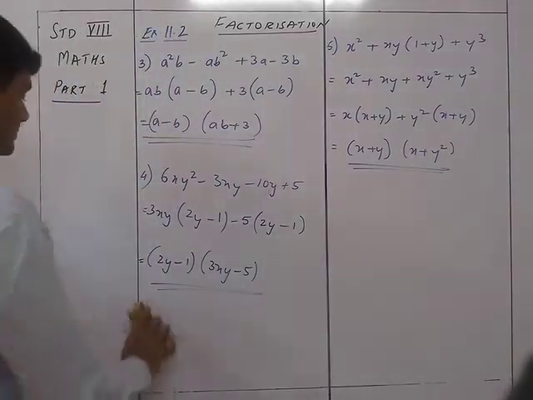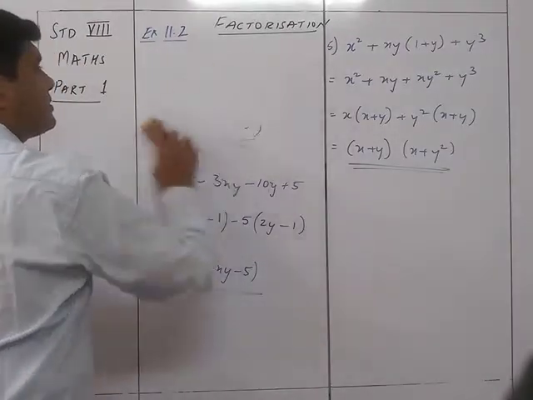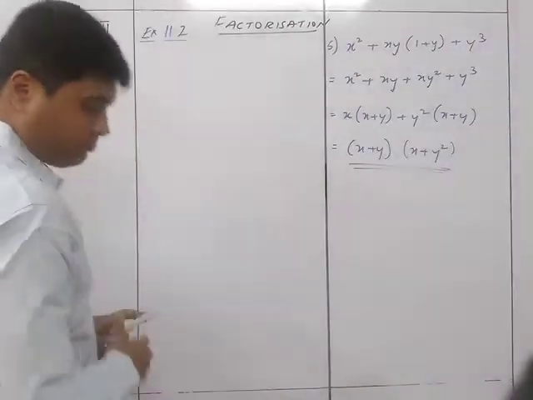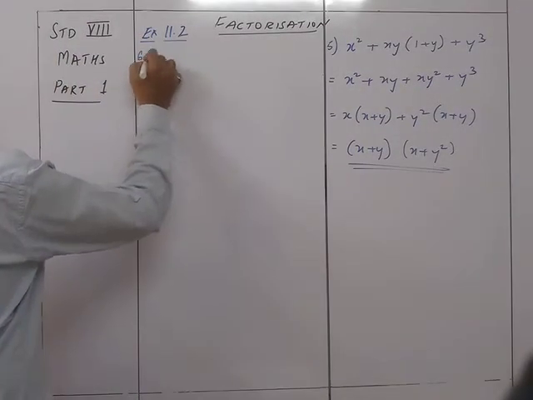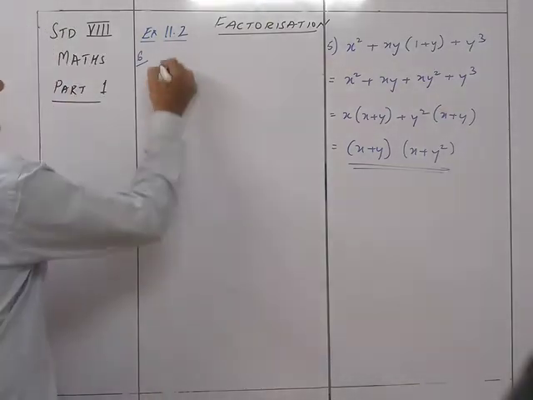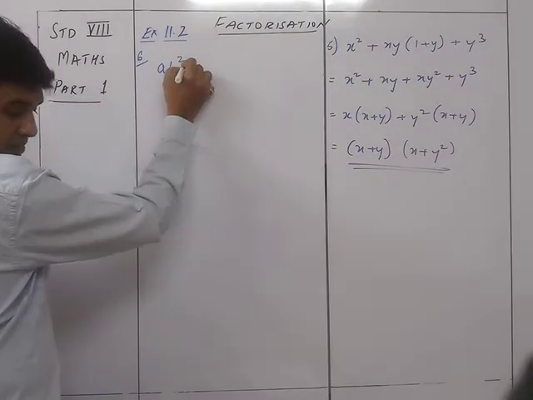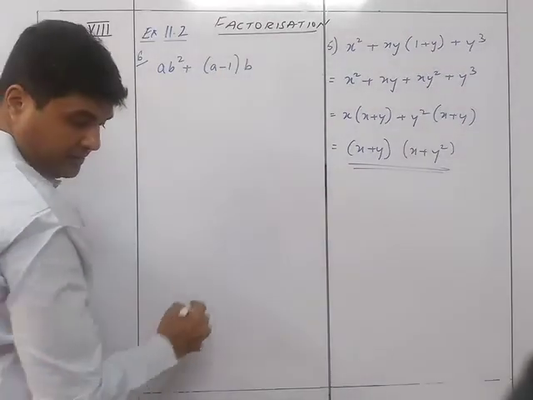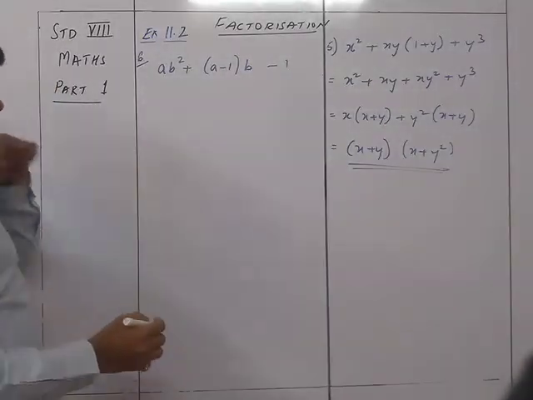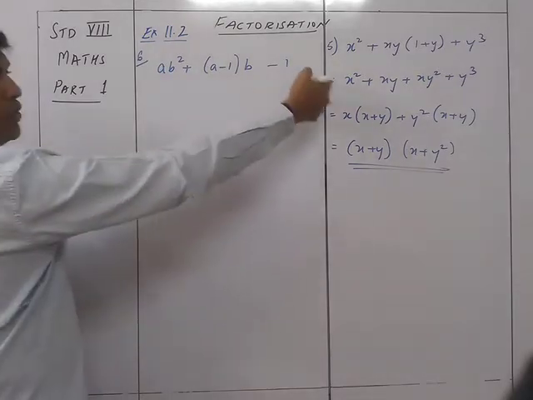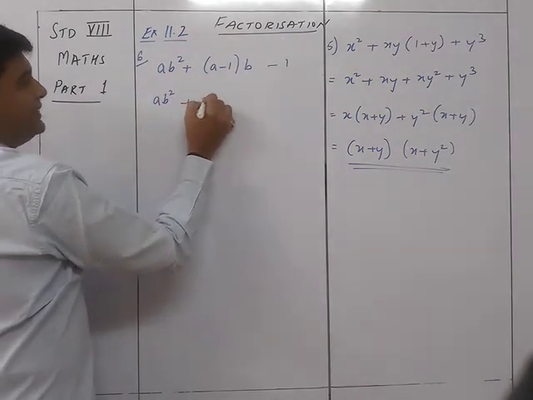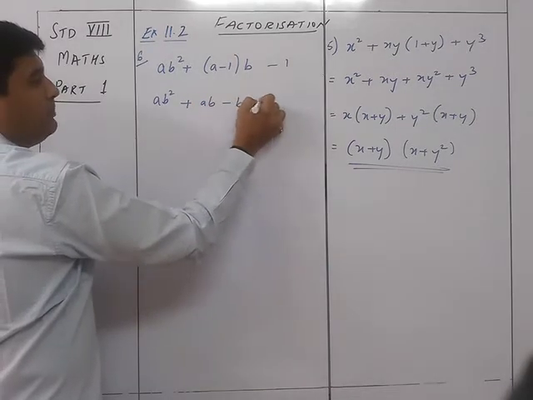We move on to sum number 6. It is ab square plus a minus 1 into b minus 1. Same way we are going to open the brackets. So it will be ab square plus ab minus b minus 1.